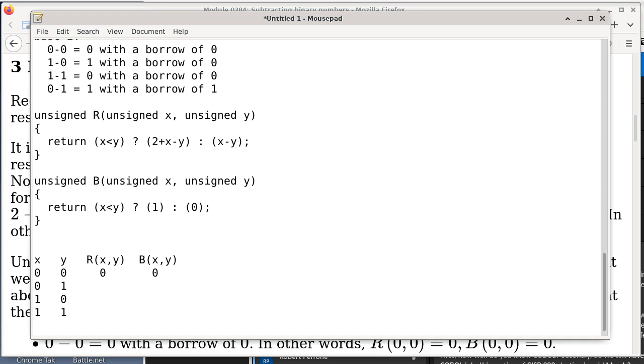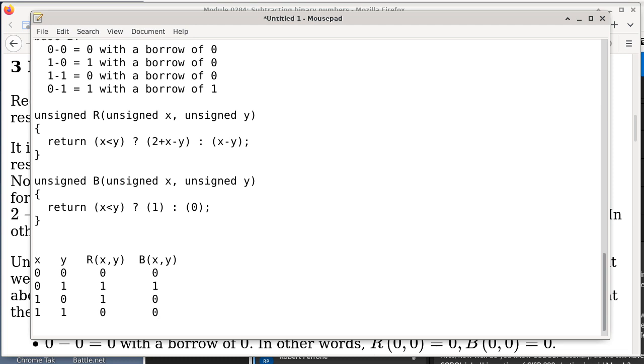So 0 minus 1 has a result of 1, but it also has a borrow of 1. 1 minus 0 has a result of 1, but it has a borrow of 0. And then 1 minus 1 has a result of 0, but it also has a borrow of 0. Are we good so far?